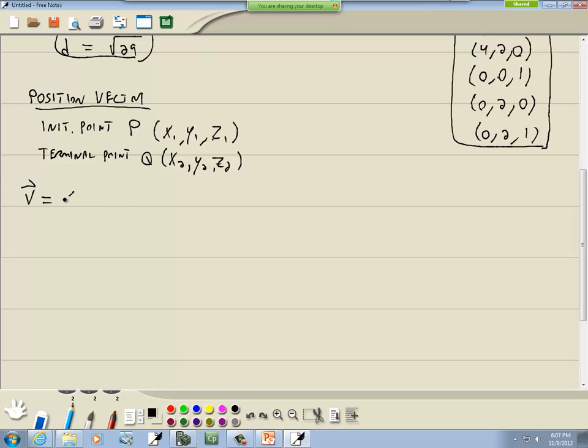Is going to be x2, we take our terminal minus our initial. So x2 minus x1, and then y2 minus y1, and then z2 minus z1. Like that. Well, let's take a look at this problem.